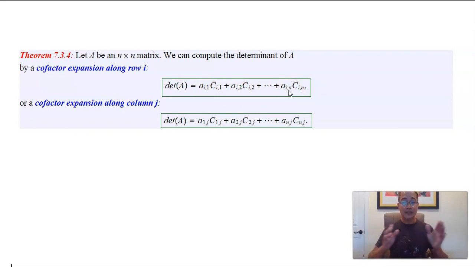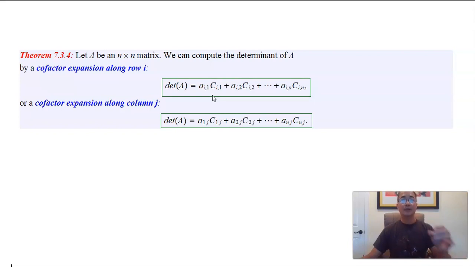Write down those numbers, leave space in between them. And then what do you need? You need the cofactors. So you need the cofactor for i1, the cofactor for i2, and so on, the matching cofactor. Remember, the matching cofactor includes the sign, the plus or the minus from the checkerboard pattern.